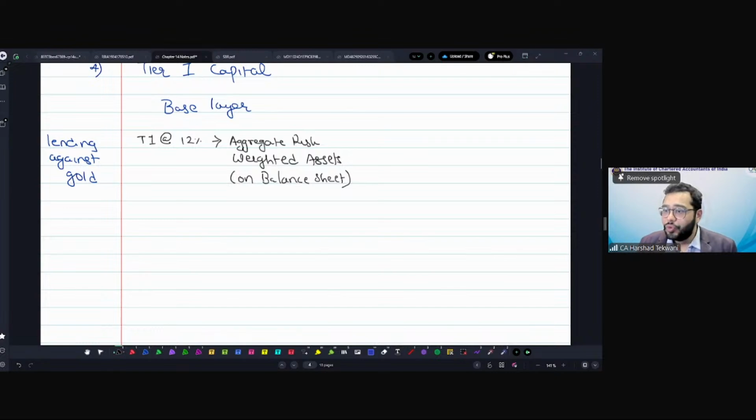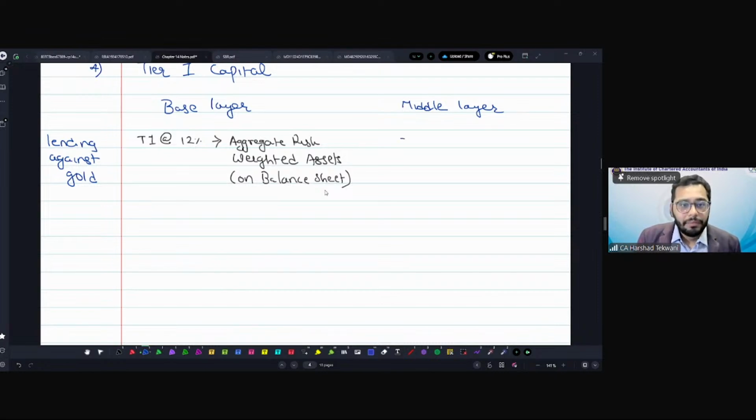Now, when it comes to the middle layer, what is the requirement for the middle layer? The regulation says that NBFCs are required to maintain a total of tier 1 and tier 2 at 15% of both, and tier 1 should be at 10% minimum.